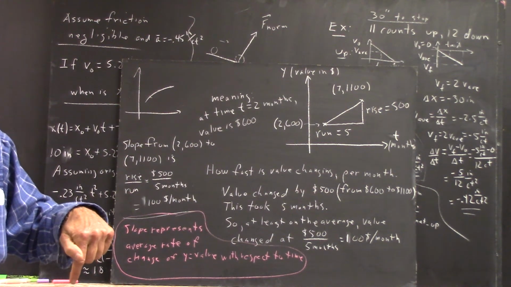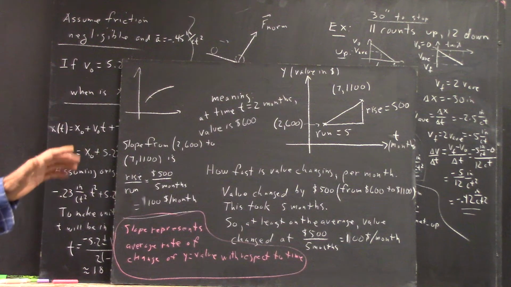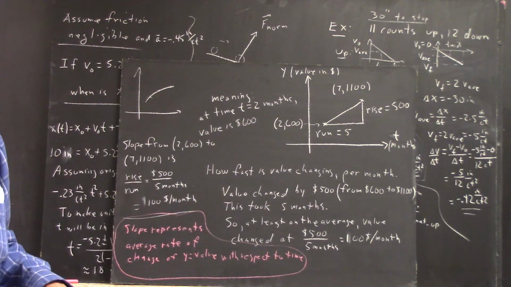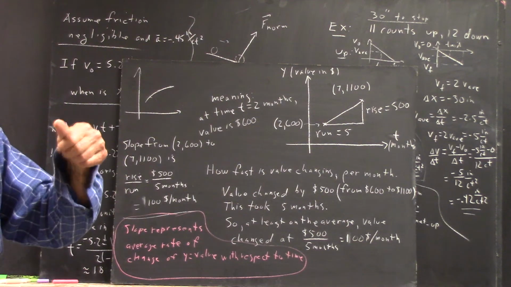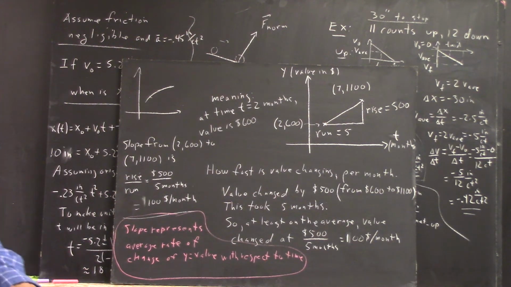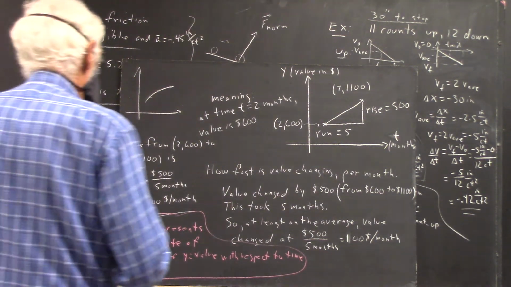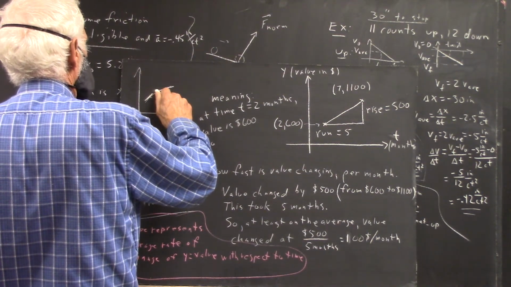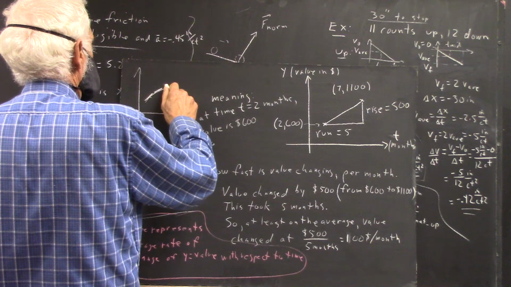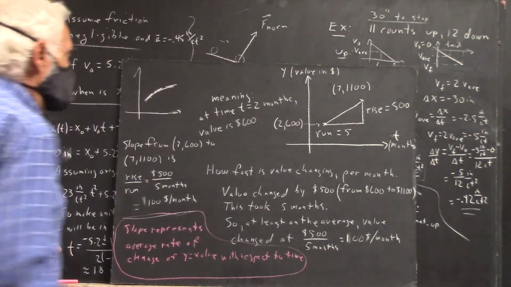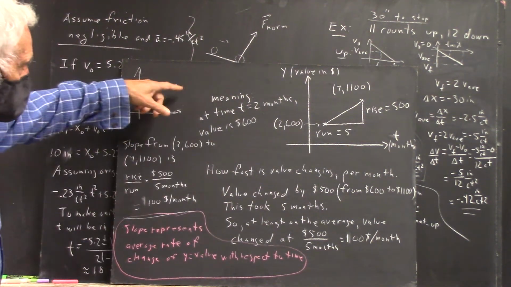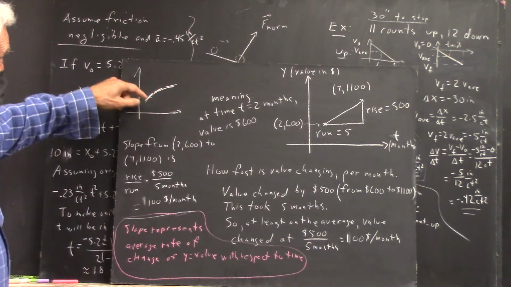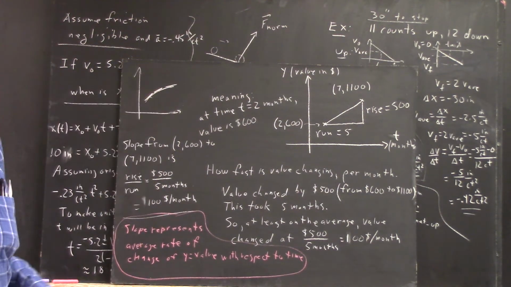And you might have seen this in Mr. Gallagher's class. That means that the graph will be concave down. Value is increasing, but the slope is decreasing. The slope could be represented by a tangent line at each point, and that's a line that just touches the curve at that one point. And we see how the slopes are decreasing.